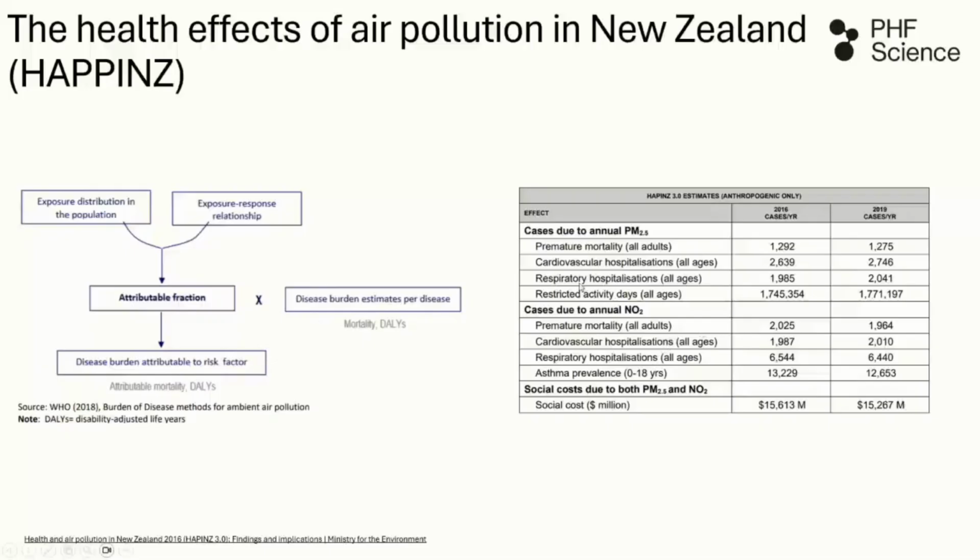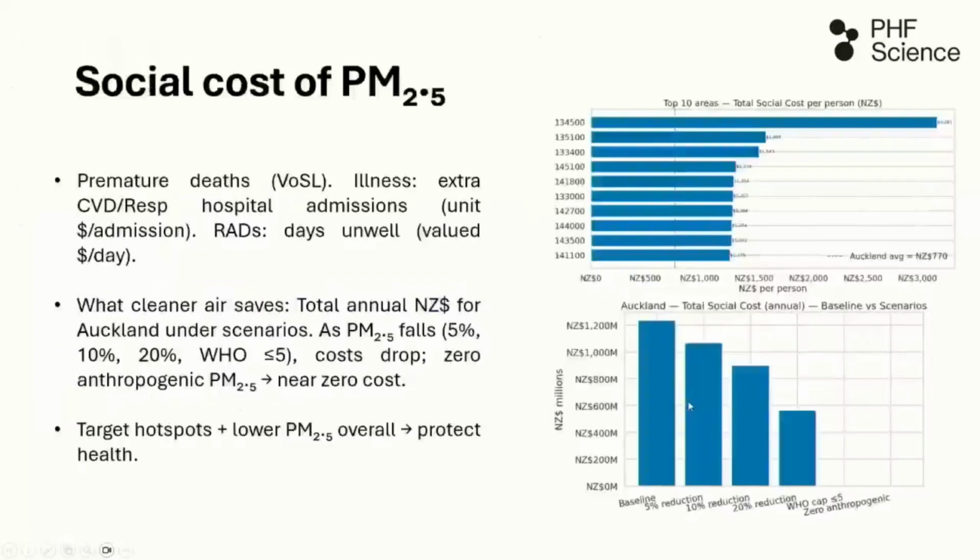This can be in terms of cardiovascular hospitalization, restricted activity days, or overall social cost. And we can repeat this for different pollution values or different values of interest depending on what our colleagues need at the Auckland City Council.